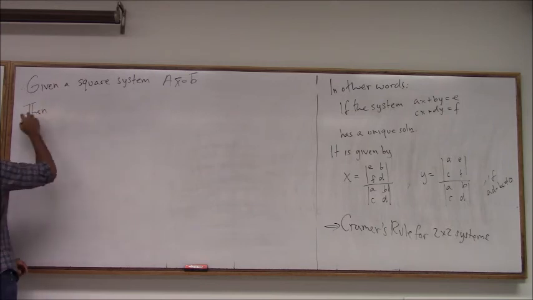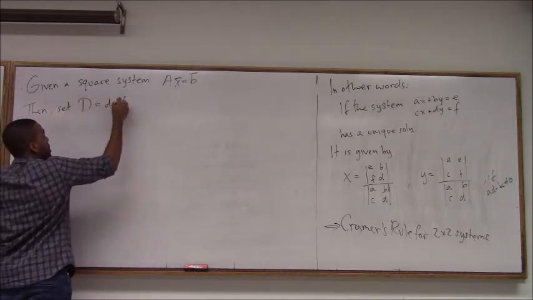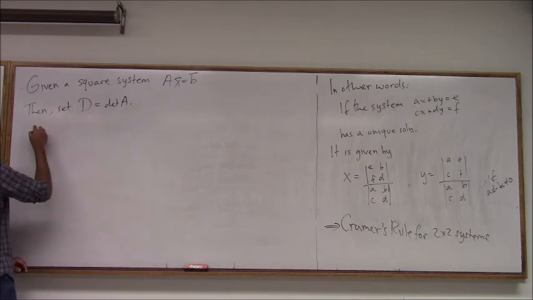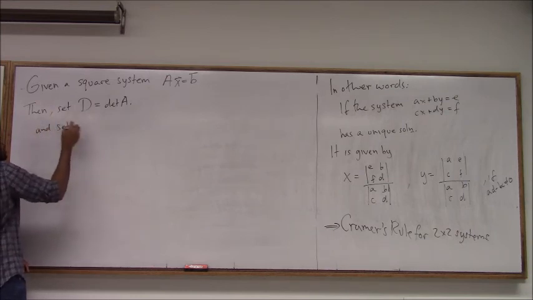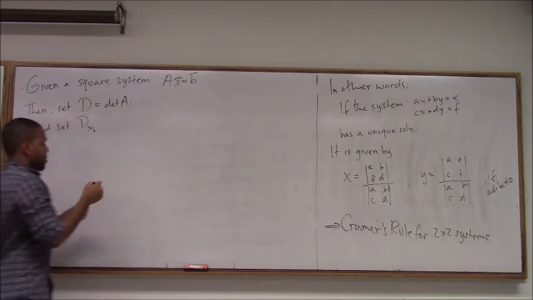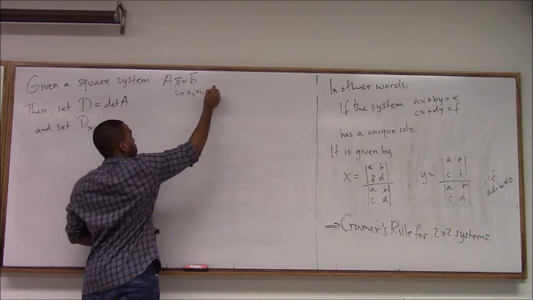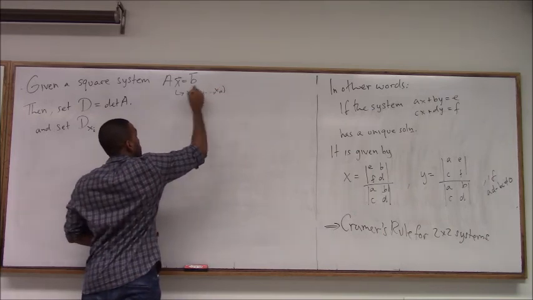Then set D equal to the determinant of A, and let's say the variables here are x1, x2, all the way up to xn.